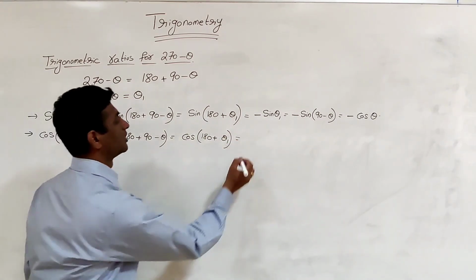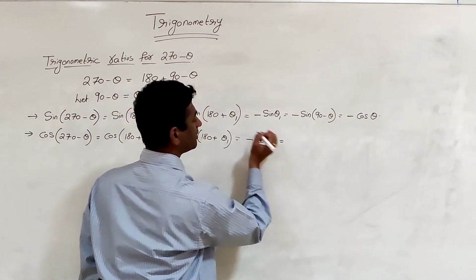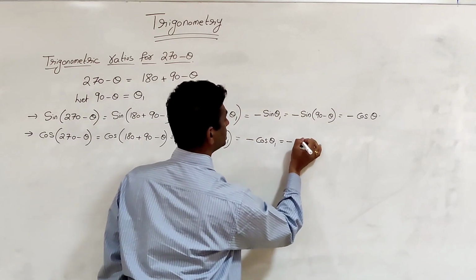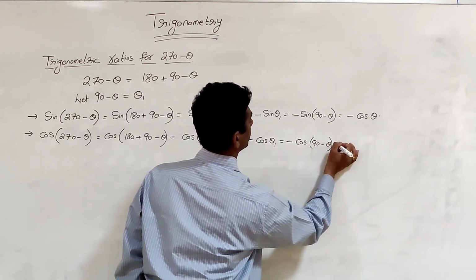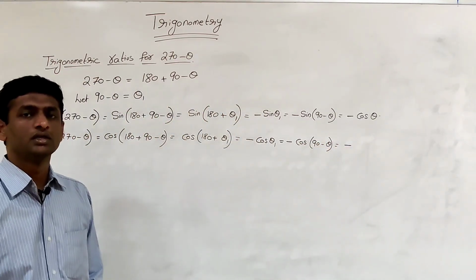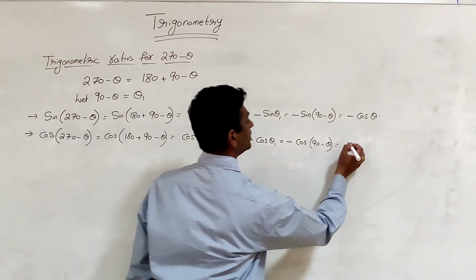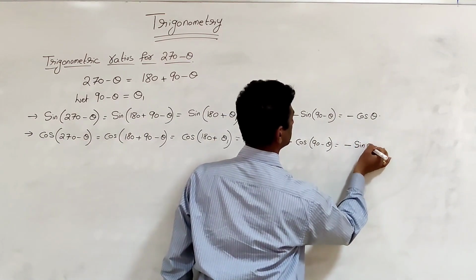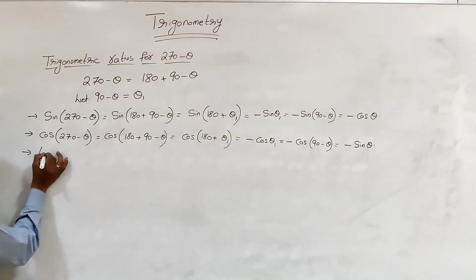It is minus cos theta 1, and replacing theta 1 with the original angle, it will be minus cos of 90 minus theta. 90 minus theta is in the first quadrant, so it will be minus sin theta.